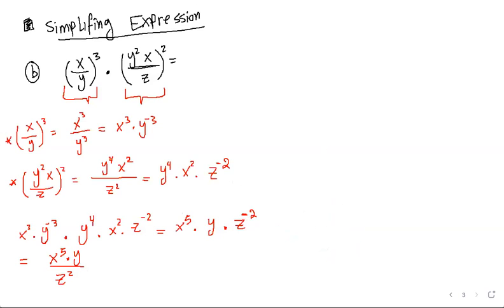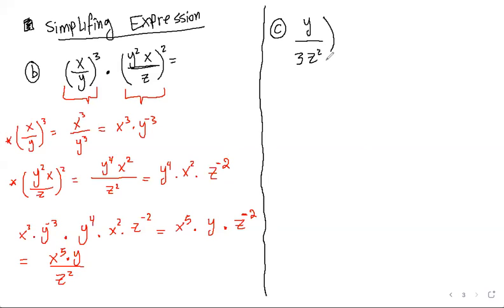Same question: simplifying the expression. I have y over 3z squared, all of this to the power minus 2. What does that equal?